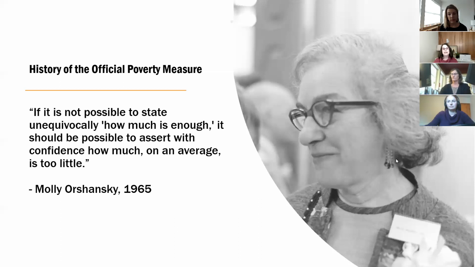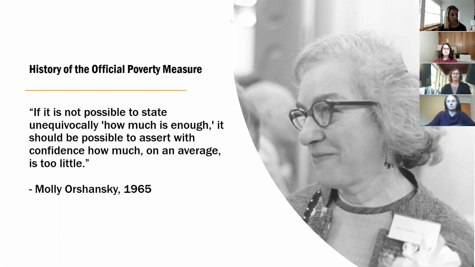Once the food budget was calculated, she was able to calculate the poverty thresholds by multiplying the food budget by 3. Other than updates for inflation, the methodology for the official poverty measure has stayed relatively unchanged since then.